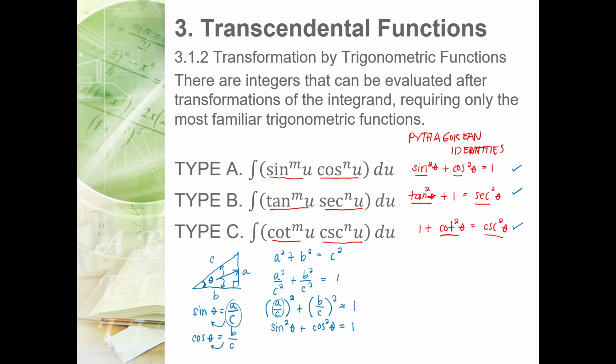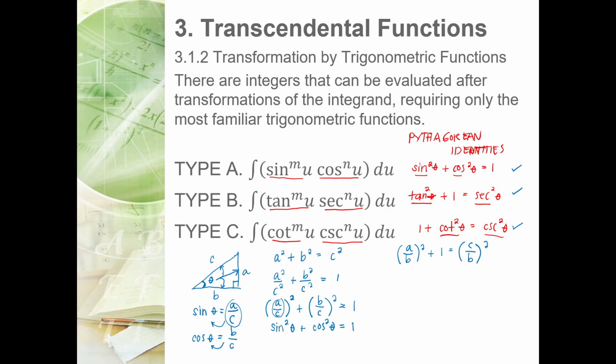For the other formula, earlier we divided by c squared, so to determine the rest of the formulas we divide by b squared next. So we have a squared over b squared plus 1 equals c squared over b squared.